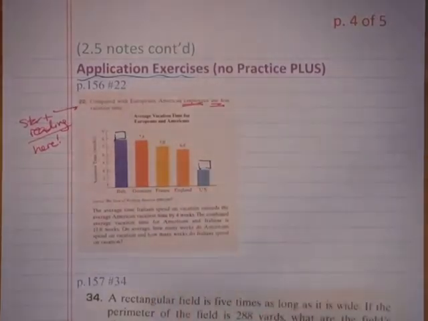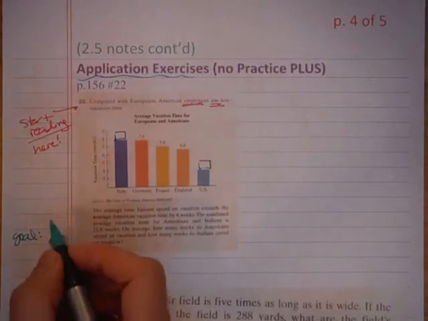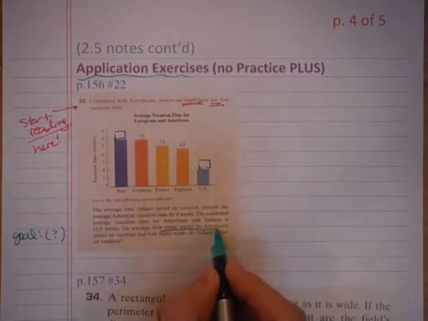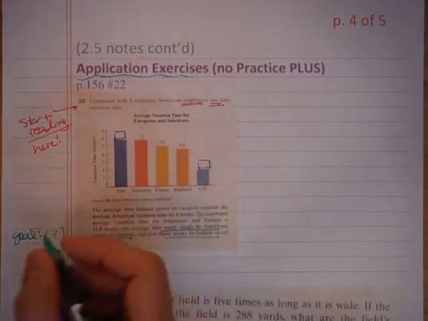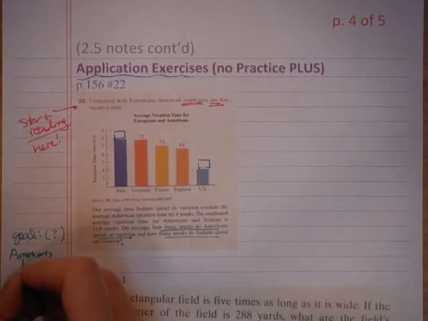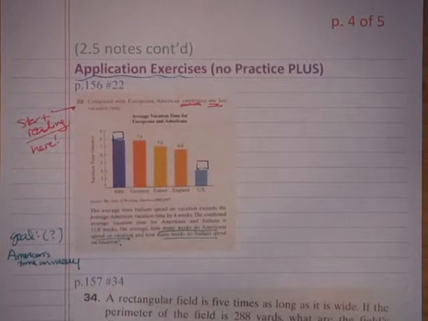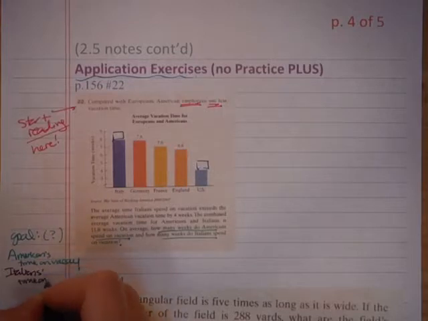Okay, so I'm going to identify my goal here, and that's usually what the question mark is attached to. So, how many weeks do Americans spend on vacation? How many weeks do Italians spend on vacation? So, I've got Americans' time on vacation, and then I've got to find the Italians' time on vacation.